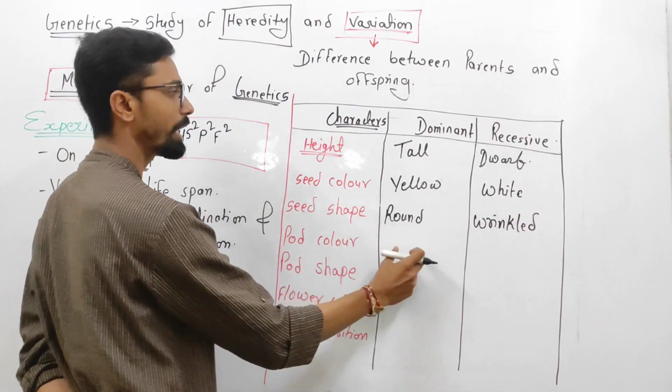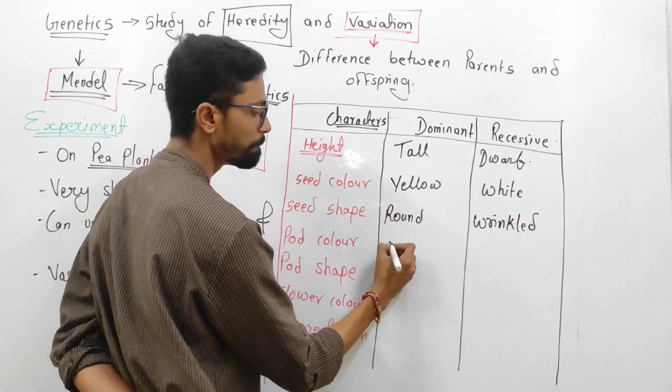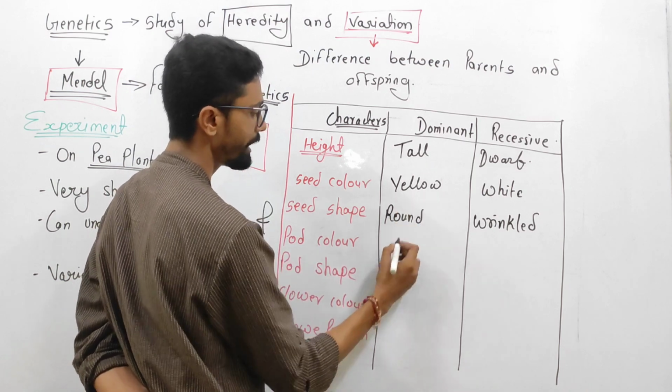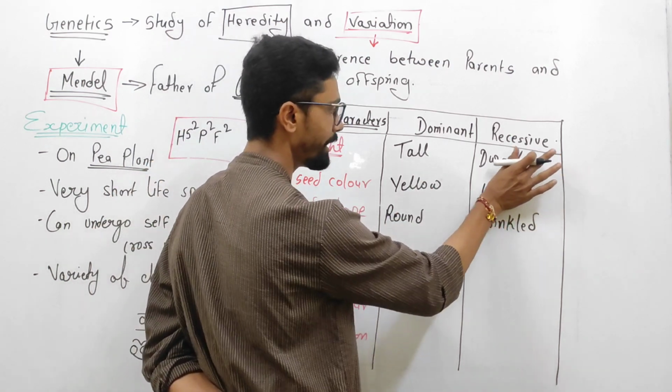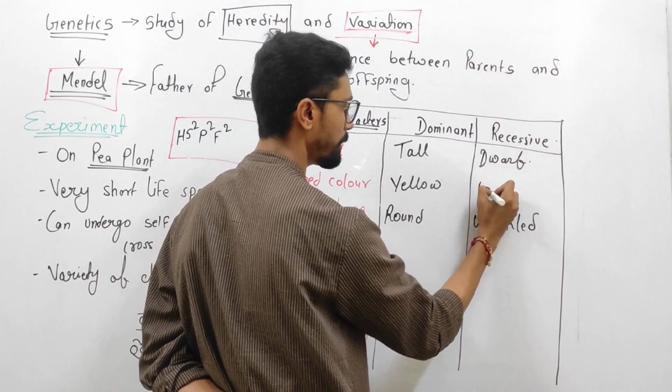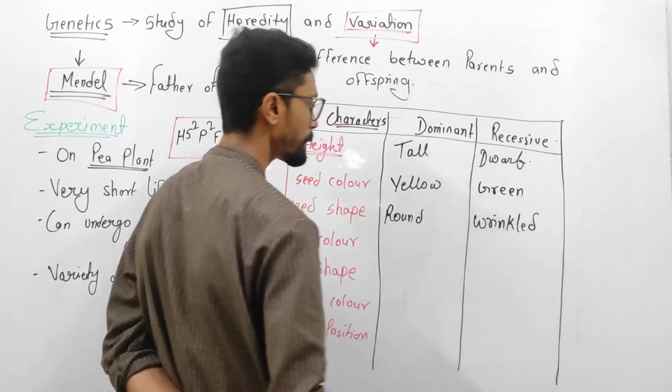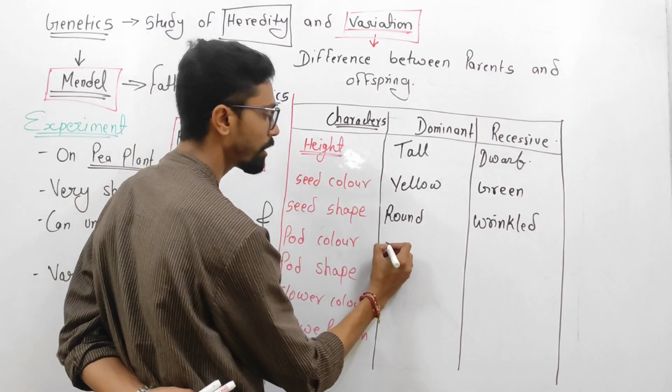Similarly, for pod color we have two different traits, yellow and green, not white here.